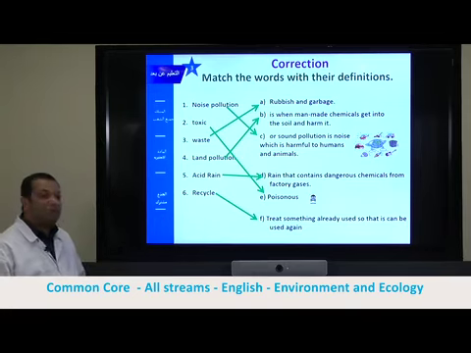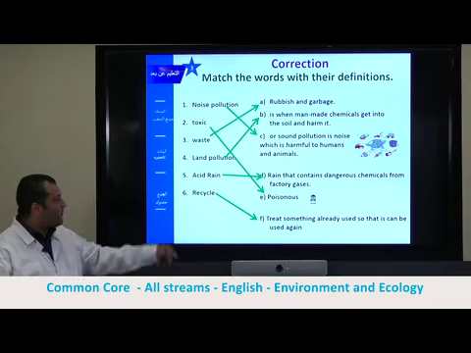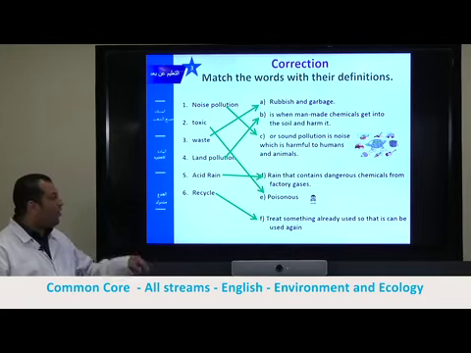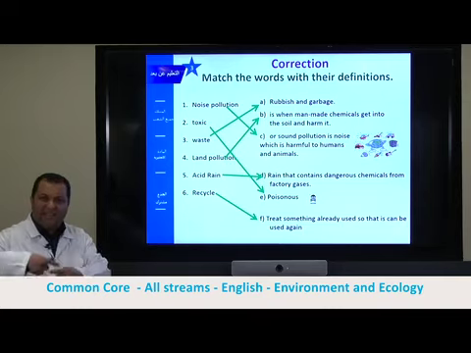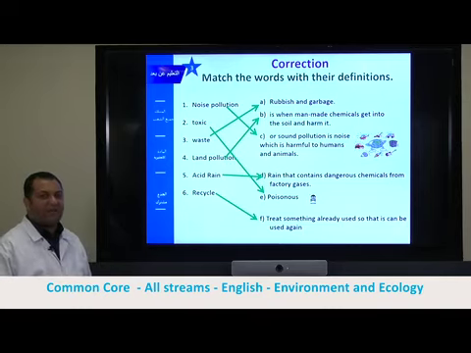And the last one, to recycle or reuse or retreat is to treat something already used so that it can be used again another time.